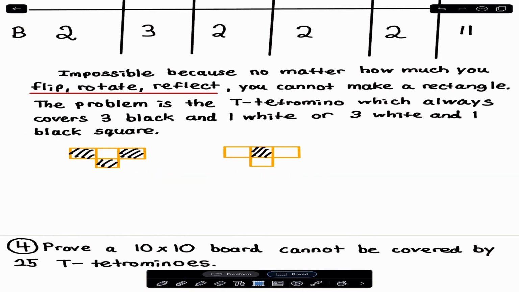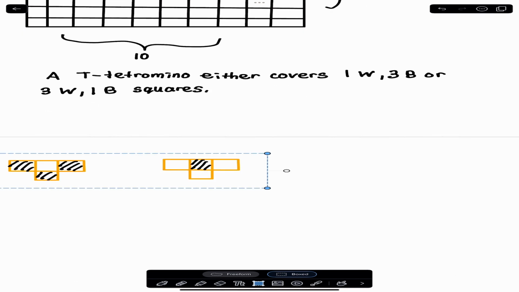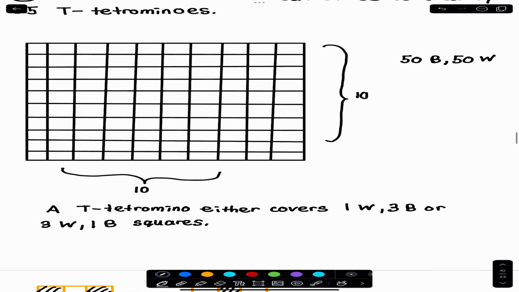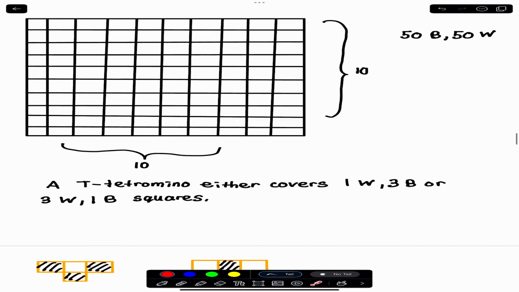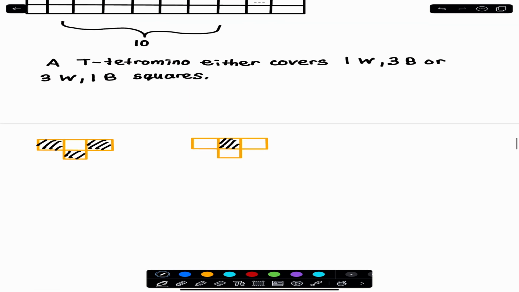So that would be these two examples here. Let's just put that there. Now, because this 10 by 10 board is even, it has an even number of squares. 100 squares is even. But these are odd.